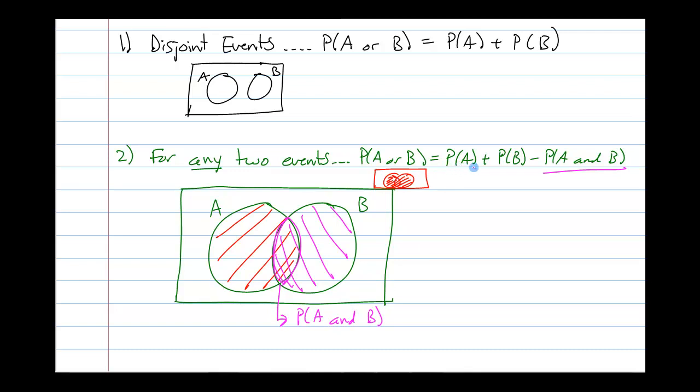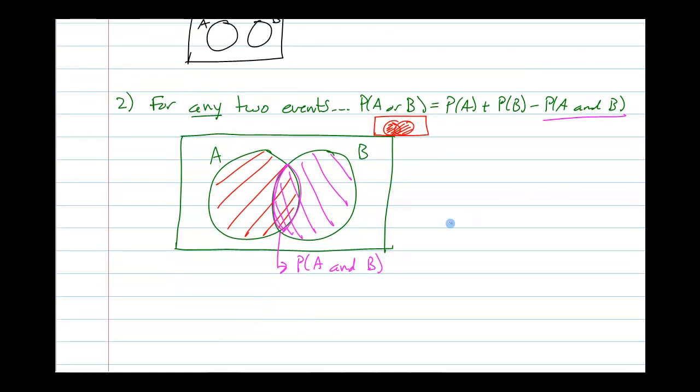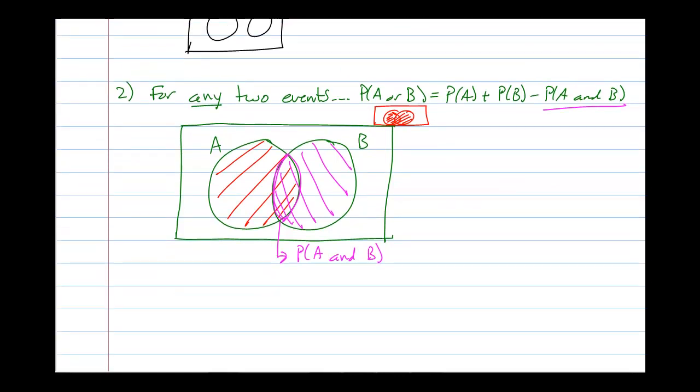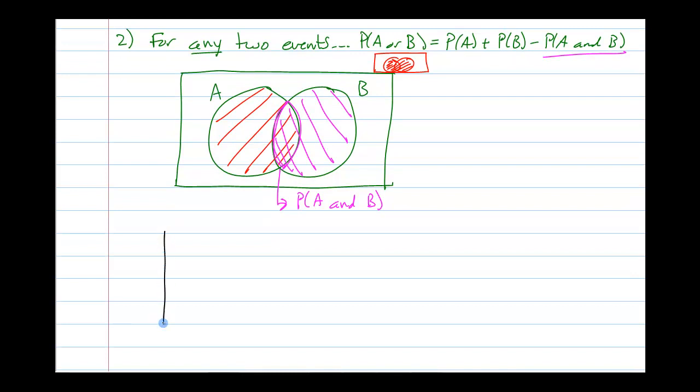So we double counted it. We counted it once when we talked about the probability of A. We counted it again when we talked about the probability of B. So I have to make sure that I subtract it to represent this. So, a couple quick notes about shading Venn diagrams.